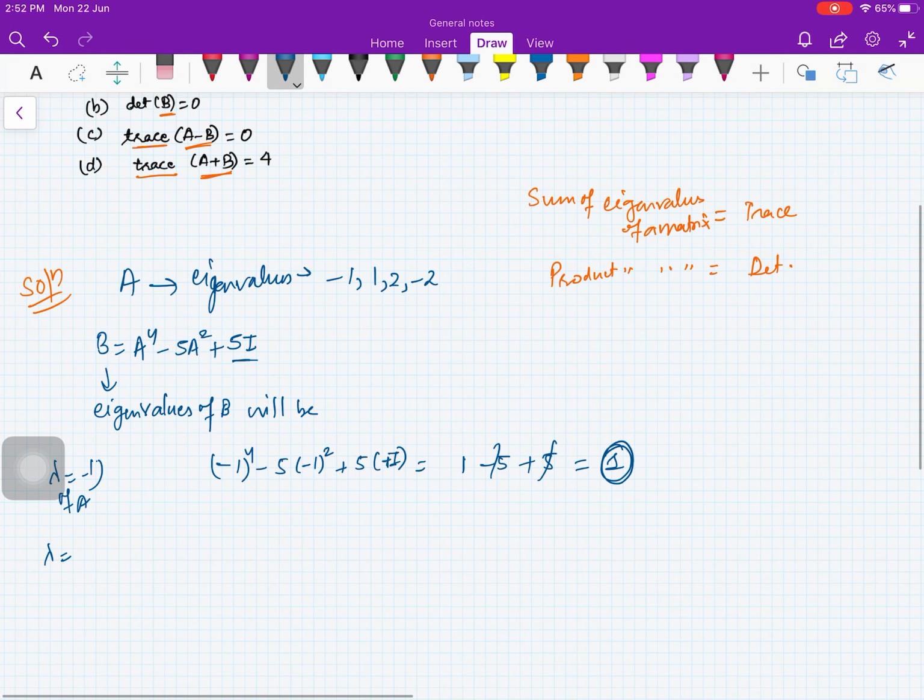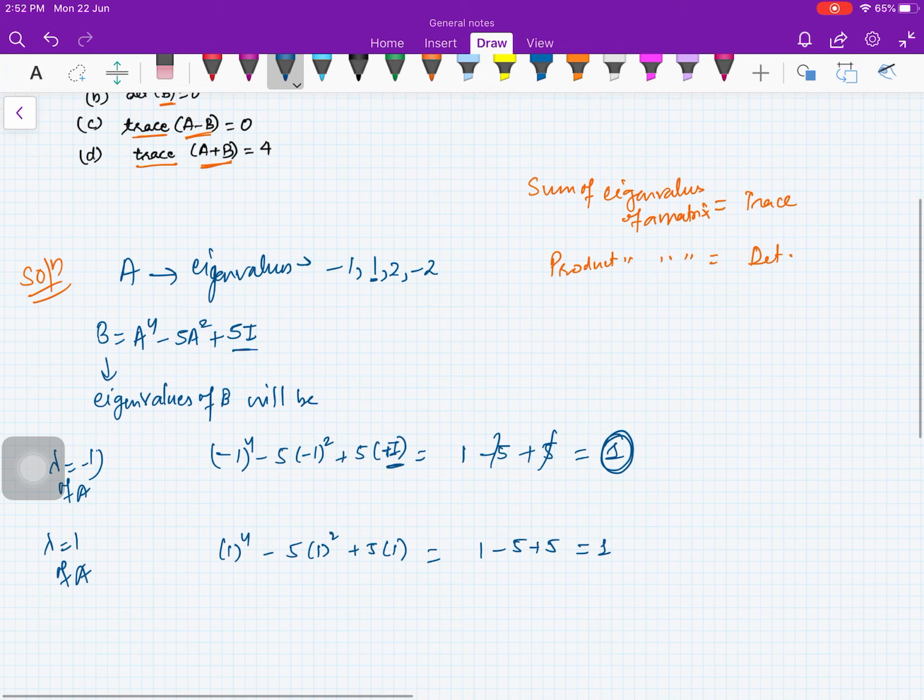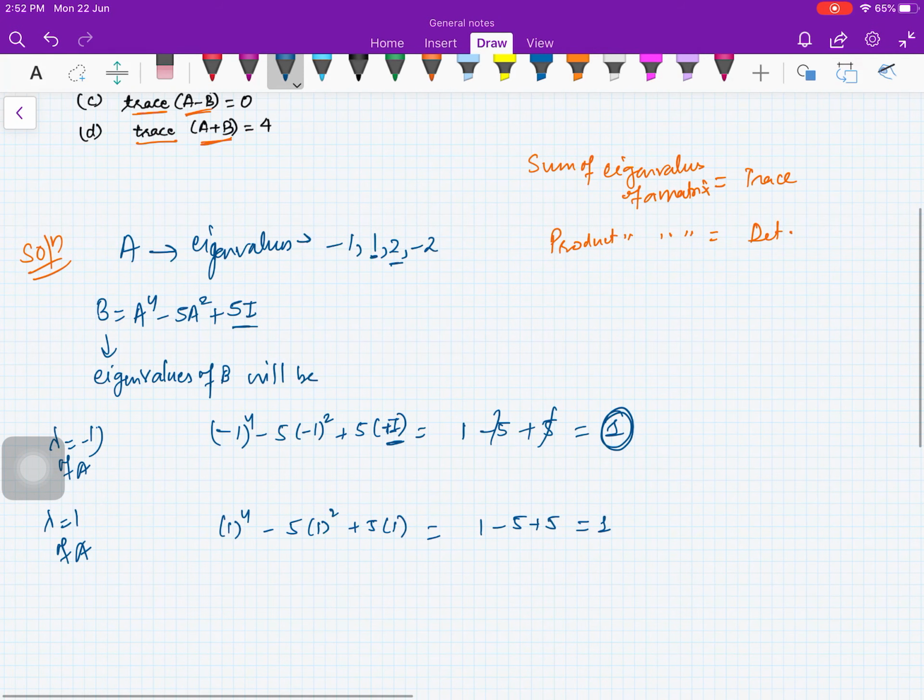Then lambda = 1 of A: 1 raised to power 4 minus 5 into 1 square plus 5 into 1, because here is the identity. So this is 1 minus 5 plus 5, so again 1. Then lambda = 2 of A: 2 raised to power 4 minus 5 into 2 square plus 5 into 1.